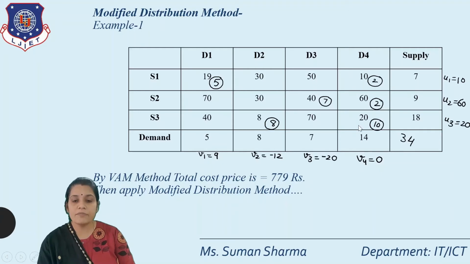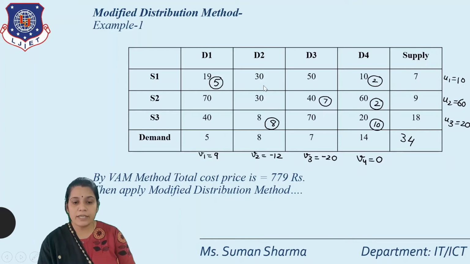After that we find the occupied cells. So what are the occupied cells? These are 19, 10, 40, 60, 8 and 20. This is the row, so we consider it in the U form, and this is the column, so we consider it in the V form. First we write the place value of each occupied cell. This is the first row and first column, so U1 V1.